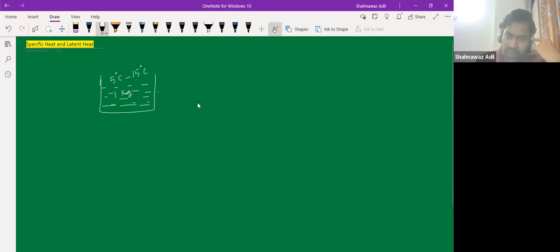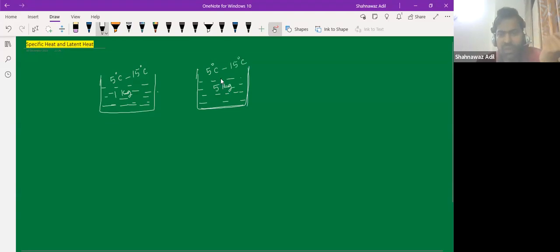And let's say if you have the same beaker, but the amount of water is 5 kg, and again you want to increase the temperature from 5 degrees C to 15 degrees C, then you require some heat, right? So in which case you will require more heat, guys?